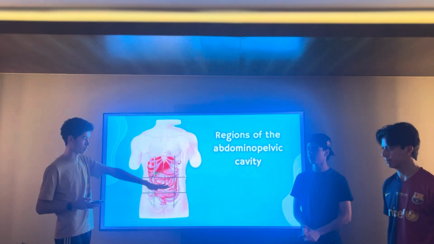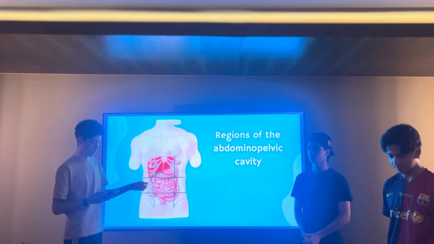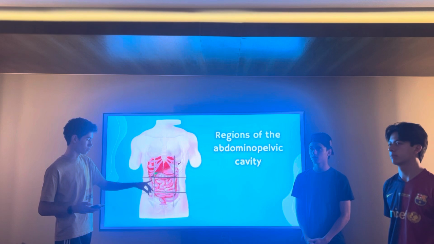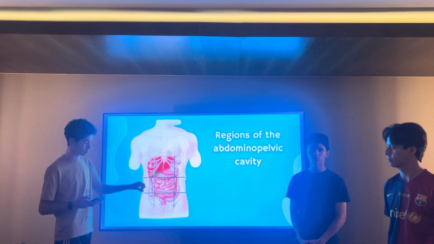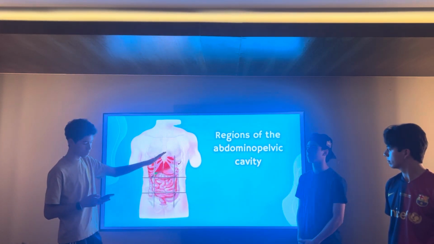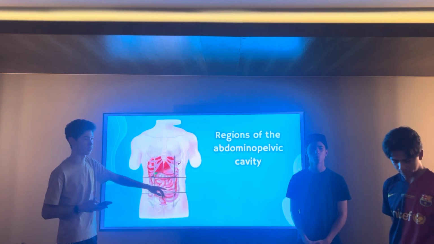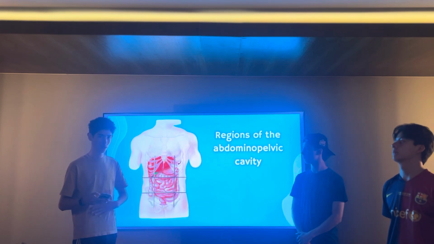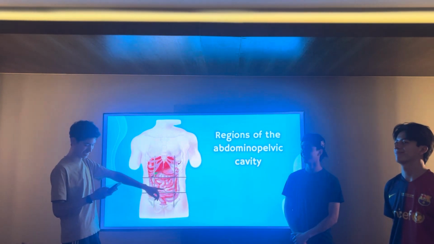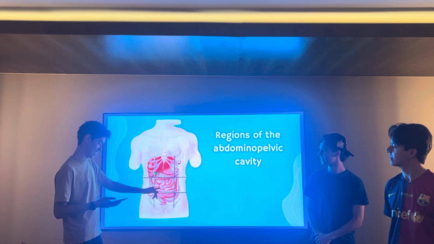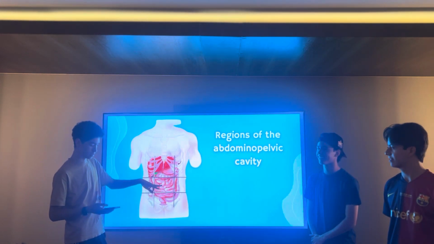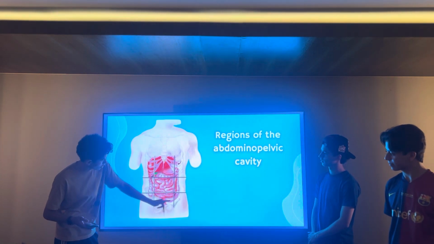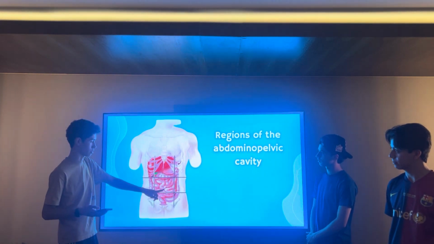Then we go to the second part of the regions, which is the right lumbar region. It's located on the right side of the middle abdomen, and it contains parts of the stomach, the bladder, and the spleen. Then we go to the fifth part, which is the umbilical region, right around the belly button, and it contains the small intestine, parts of the transverse colon, which is the one that goes this way, and parts of the stomach.